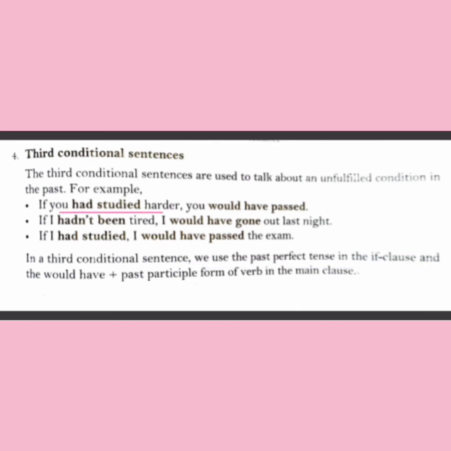In this sentence, it is had studied, something which might have happened in the past, and would have plus the past participle form of the verb in the main clause, that is you would have passed. If it had happened in the past, the result would have been different.